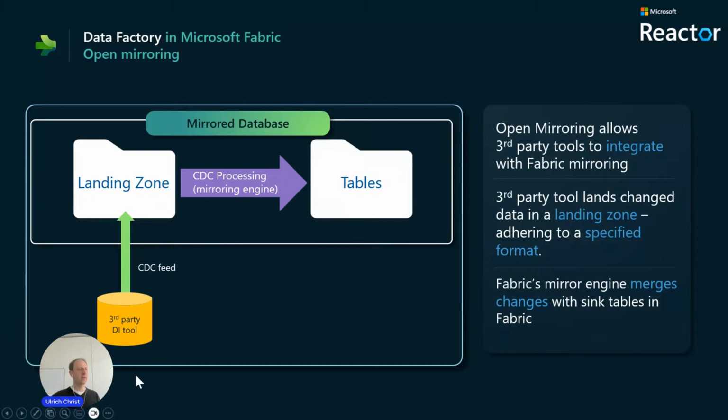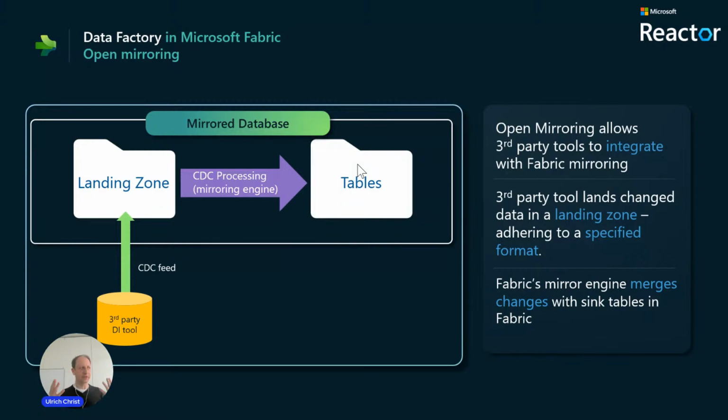You configure the replication in the third-party tool, but the later part of the demo, the experience, is exactly the same. You will find the data merged into your Fabric tables, and when you go to the SQL endpoint of the mirror database, you will have exactly the same capabilities, and you can leverage the data in all of the workloads which we provide in Fabric.